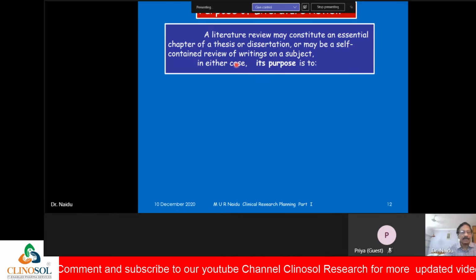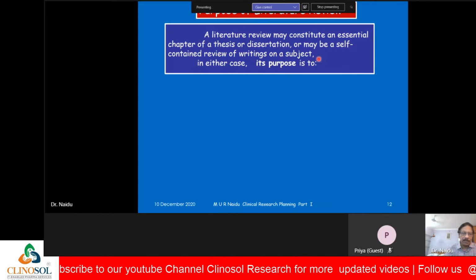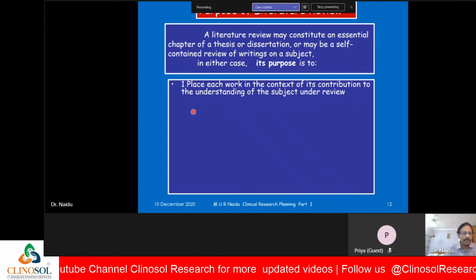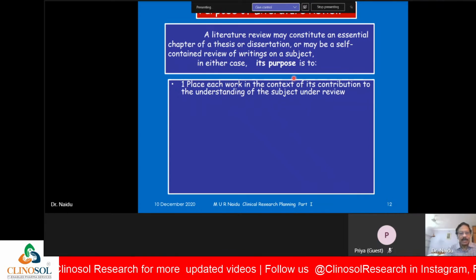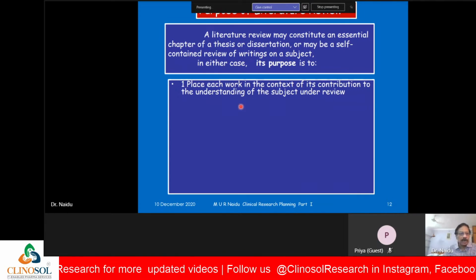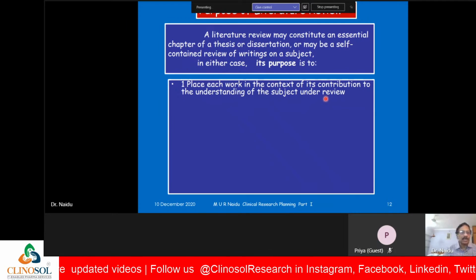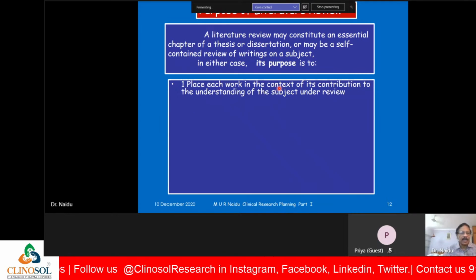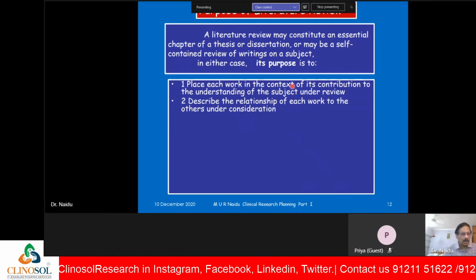In either case, what is its purpose? What are we actually looking for in these articles? Number one, to place each work in the context of its contribution to understanding the subject under review. You want to do a particular thing, you got some idea, so the purpose is to see whether in the context of what you are thinking it is fitting or not.